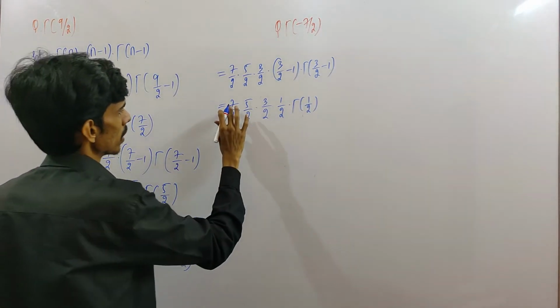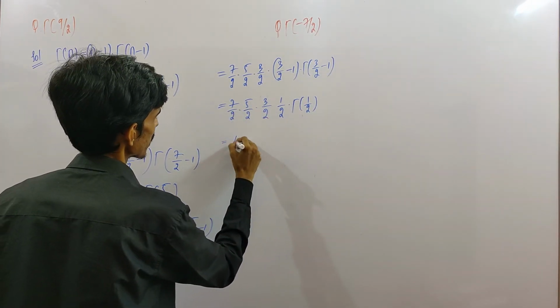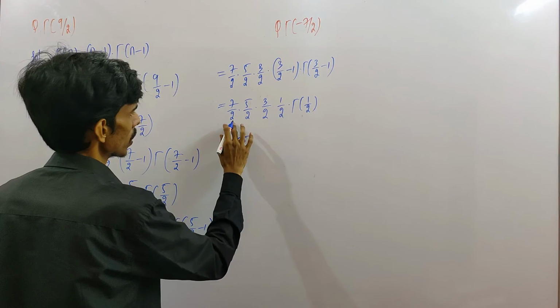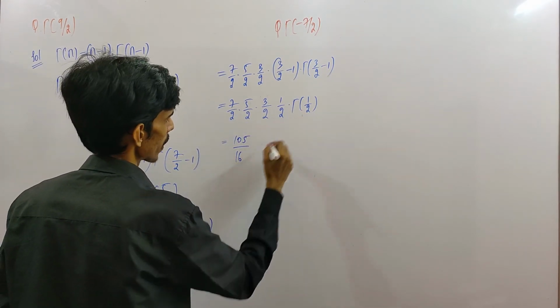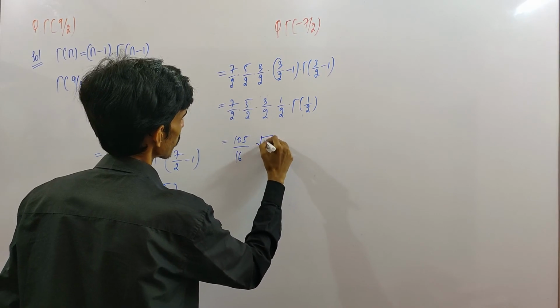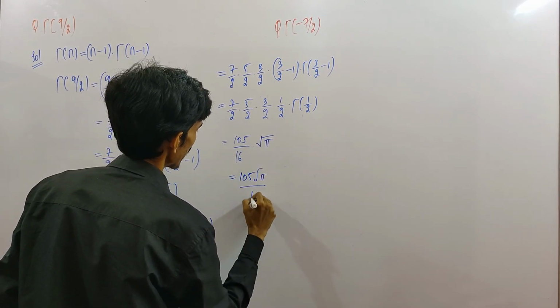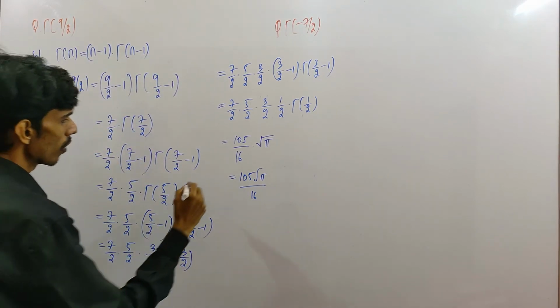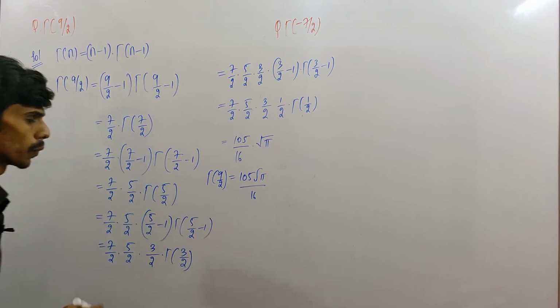Now we have 7 times 5 is 35. 35 into 3 is 105, divided by 2 into 2 is 4, 4 into 2 is 8, 8 into 2 is 16. Gamma of 1 by 2 value is root pi. So we have 105 root pi divided by 16 is the value of gamma of 9 by 2.